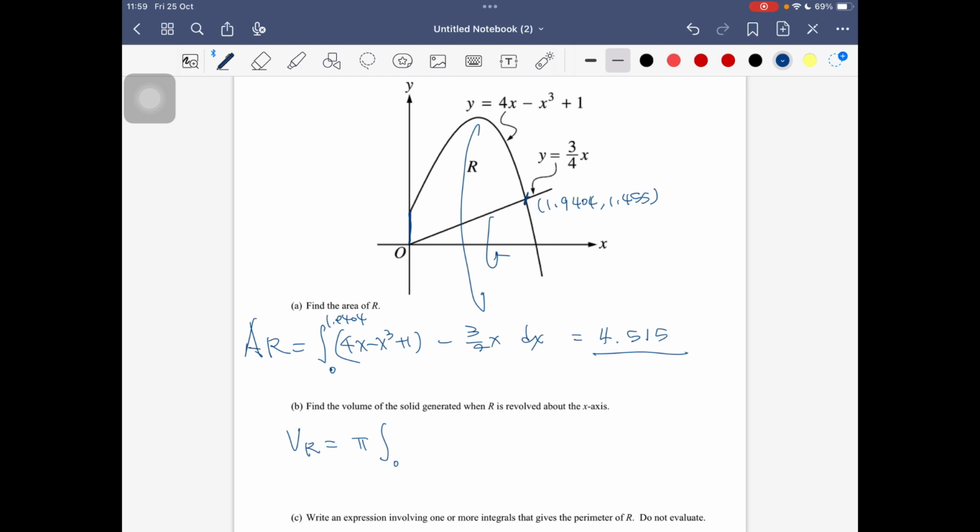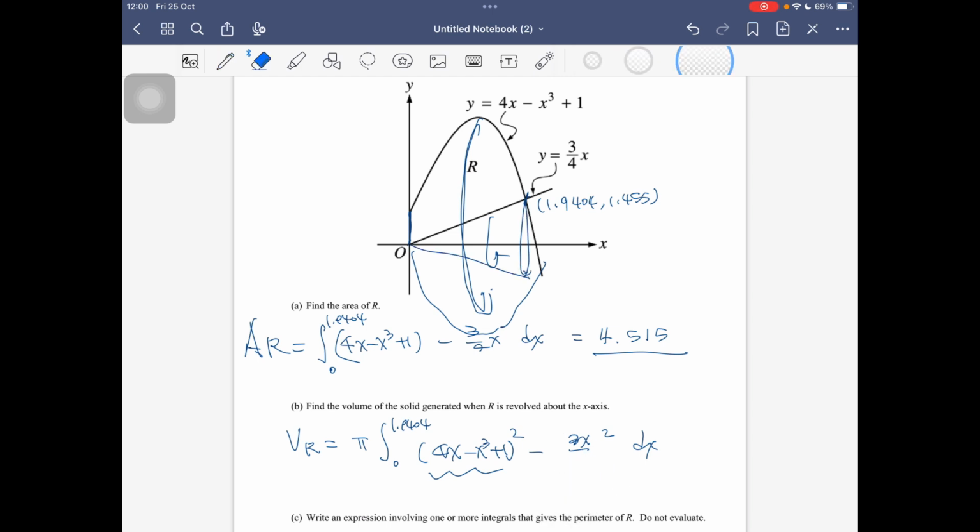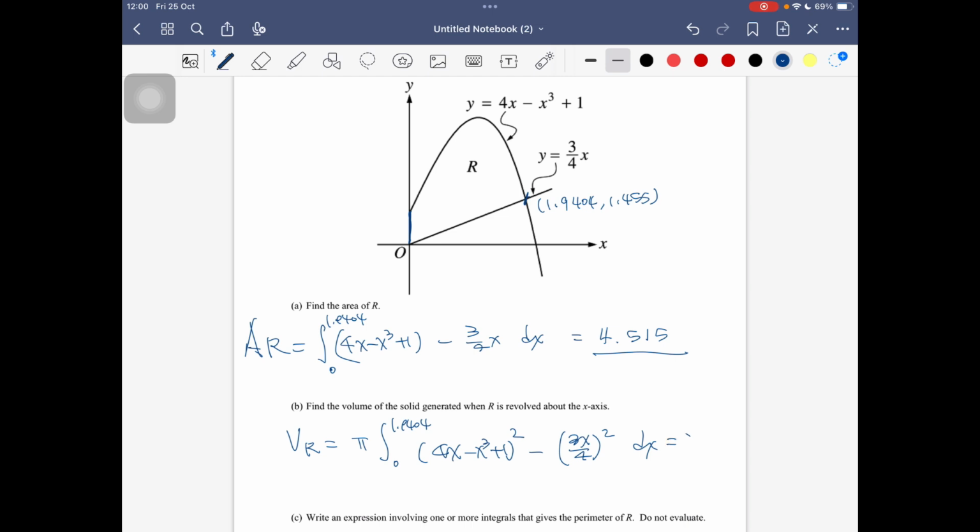So from 0 to 1.9404, x minus x cubed plus 1 squared, which is y squared, minus 3x over 4 squared dx. This is the larger volume, and we carve it out from here. When we calculate it, the answer is 57.463.